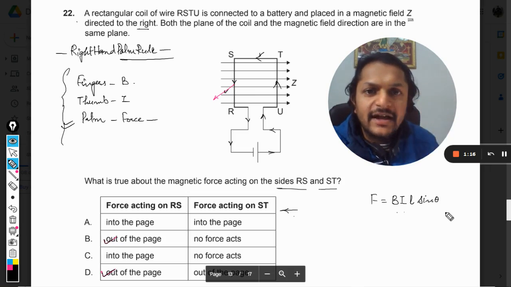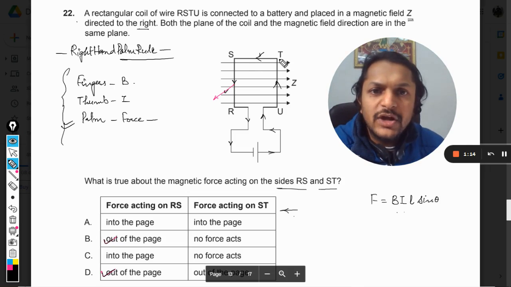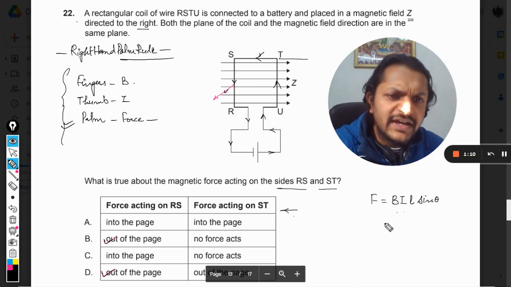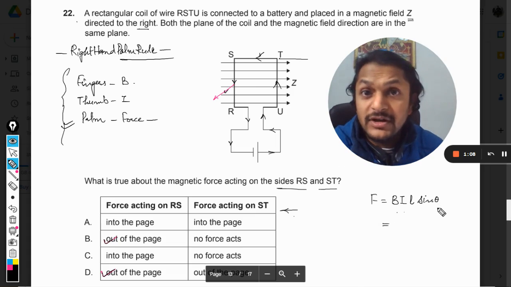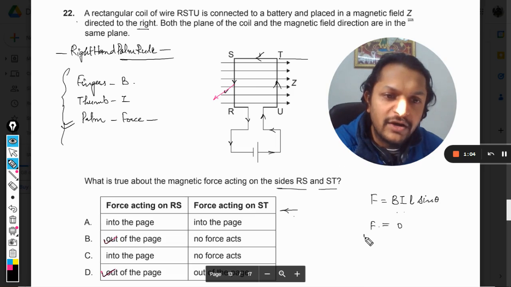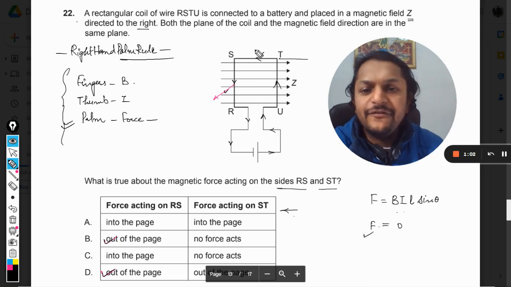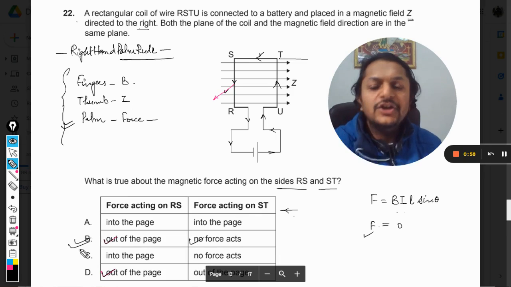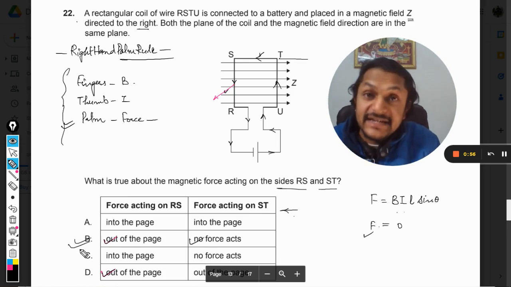So what is the angle here? This and this, you can call it like 180 degree, or you can call it 0 degree. In both of the cases, sine 0 as well as sine 180 is 0. So what is the force that is acting on this wire? So I will say that the force F on ST has to be 0. So no force. Definitely your answer is going to be B in this case.